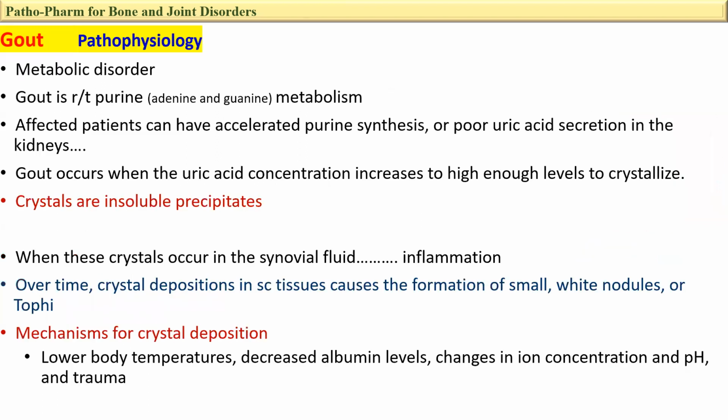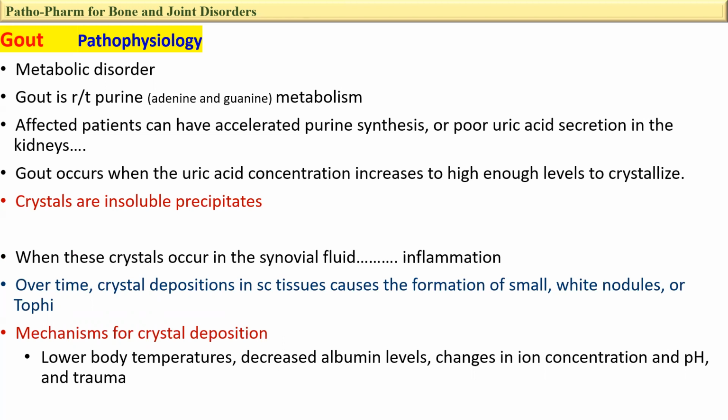So the pathophysiology: it's a metabolic disorder that disrupts the body's control of uric acid production and excretion. So it's all about uric acid metabolism, or the control between production and excretion.